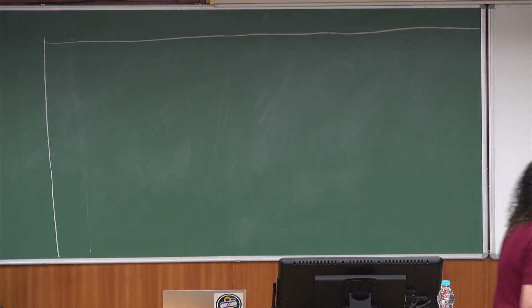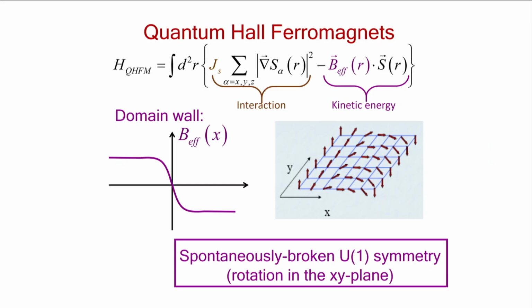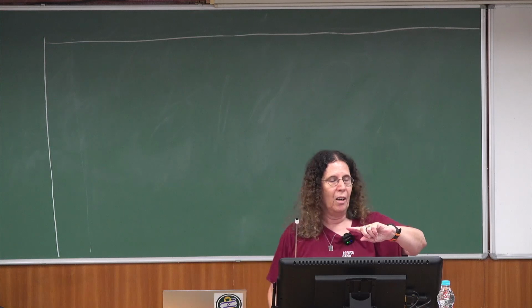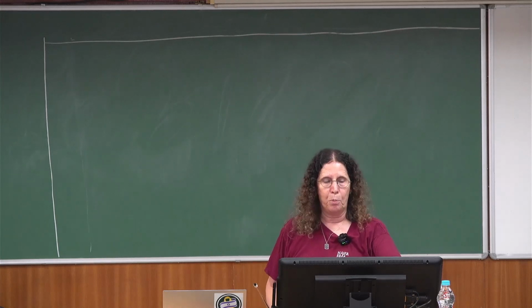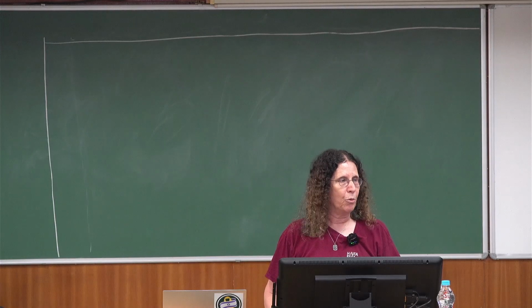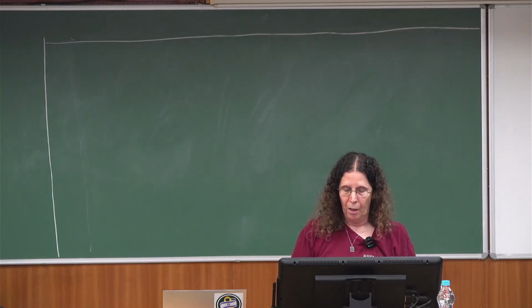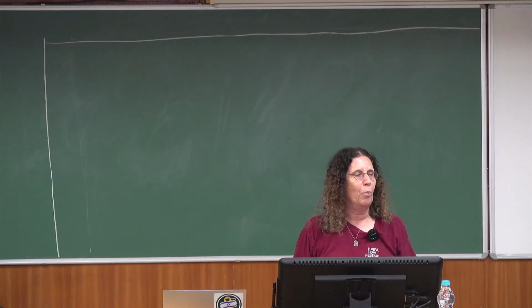So now interestingly, if you look at the middle of the domain wall, the spin changes from up to down, and in the middle, it's in the XY plane. And at least in this problem, there is no energy cost of rotating it in the XY plane. So there is an XY or a U1 symmetry for rotating the spin. And if you're looking at the static, you can create a static domain wall.